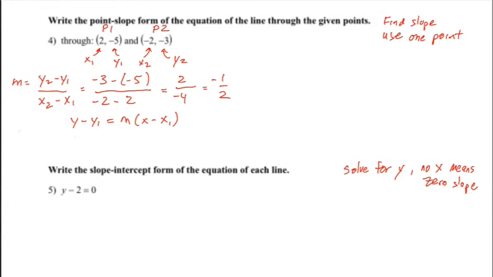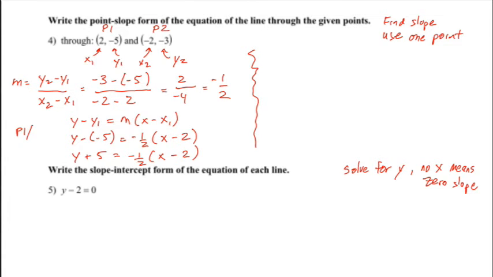So for P1, we have y minus 5 is equal to minus 1/2, our slope, times x minus 2. And I'm just going to rewrite this to get rid of the double negative. Y plus 5 is equal to minus 1/2 times x minus 2. And let's give a little squiggly line over here, just to separate things out. And we'll try this with P2.